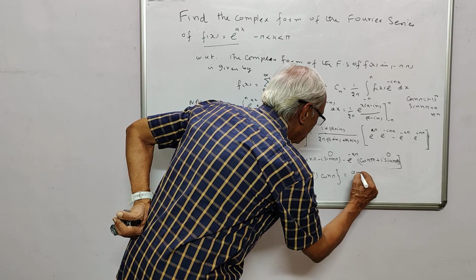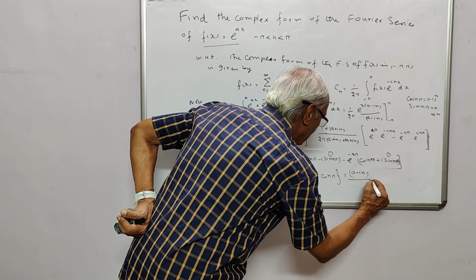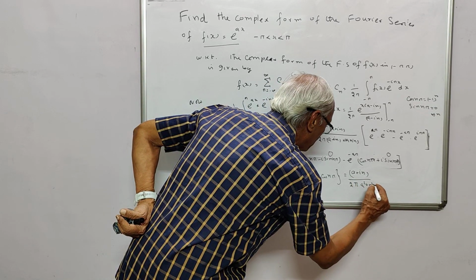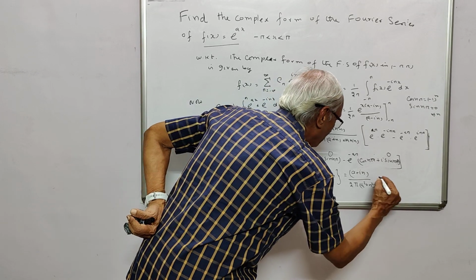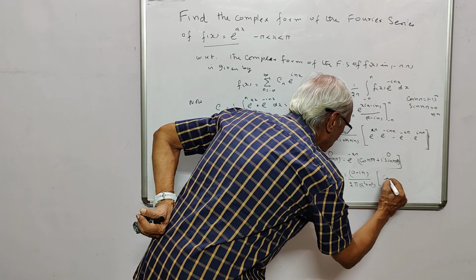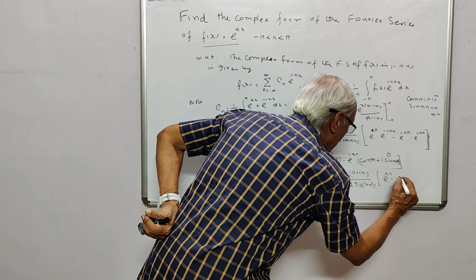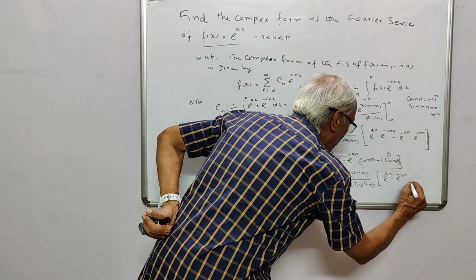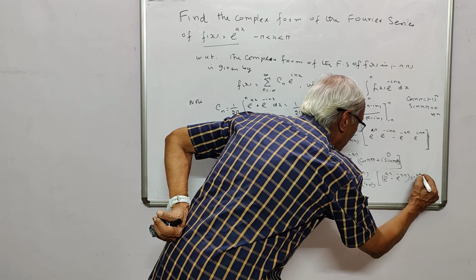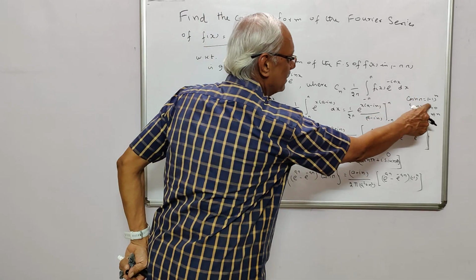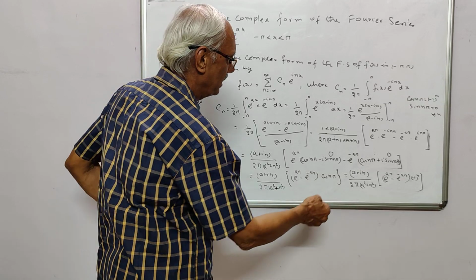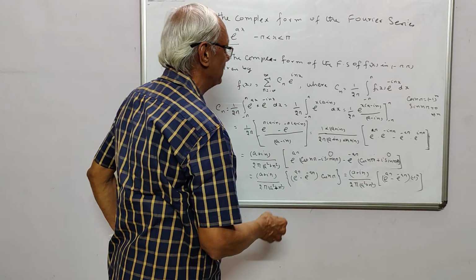So this is a plus in divided by 2 pi, a squared plus n squared, into e to the power of a pi minus e to the power of minus a pi, into minus 1 to the power of n. So I told you, minus 1 to the power of n. This is what we get on substituting and making this 0, because sin n pi is equal to 0.